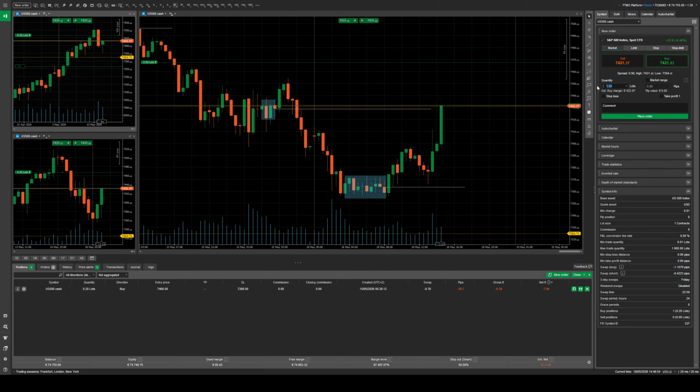I opened this trade last week for 0.2 and the pip value is 17 cents. 3-day swaps were on Friday, so that meant like 3 pips, and I think I opened it on Thursday. So then we have the swaps like 76 cents. Doesn't really do that much.